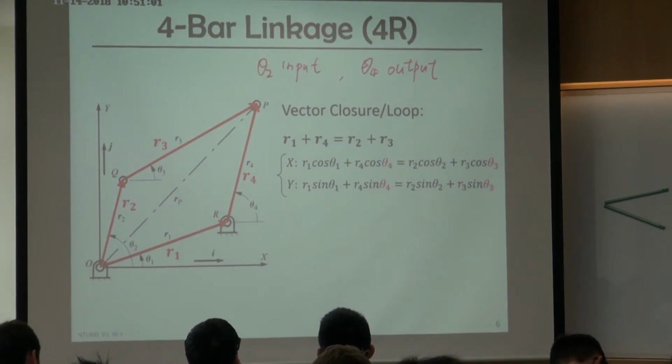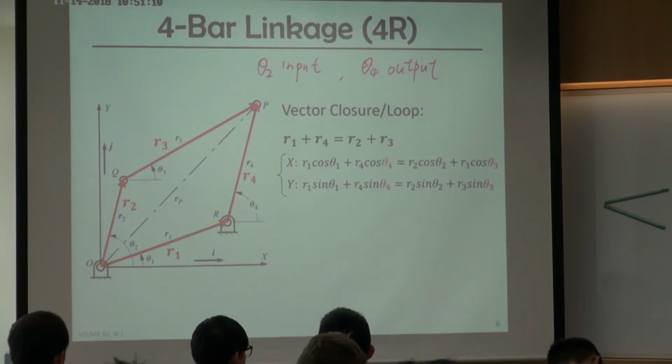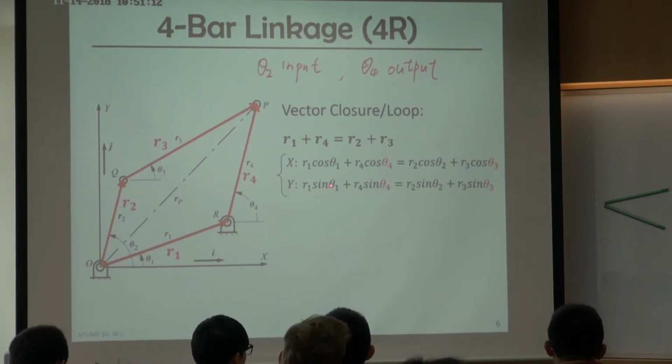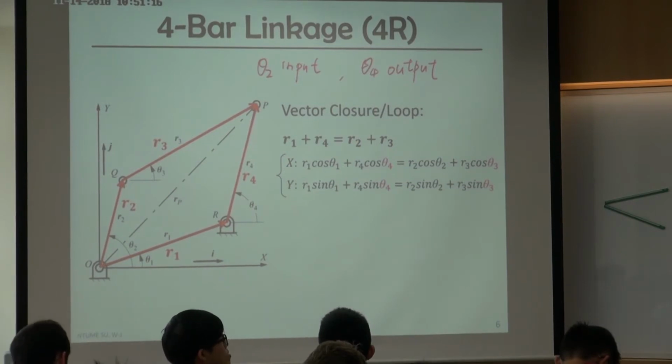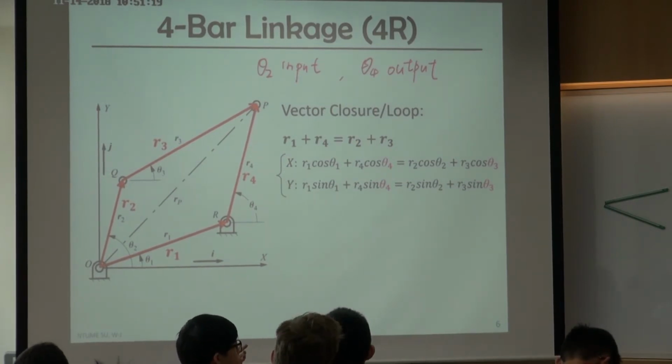The x component of a vector is its length times the cosine of theta, and the y component is the length times the sine of theta.